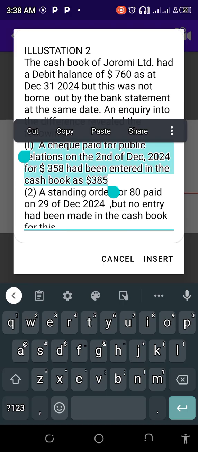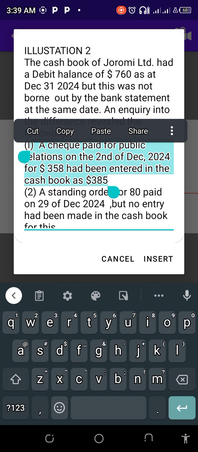This is a case of overstatement of payments. The check is 358, but in the cash book it is entered as 385. This is what is called a transposition error. Since it is payment, the payments have been overstated, meaning you have made more payment than you're supposed to.